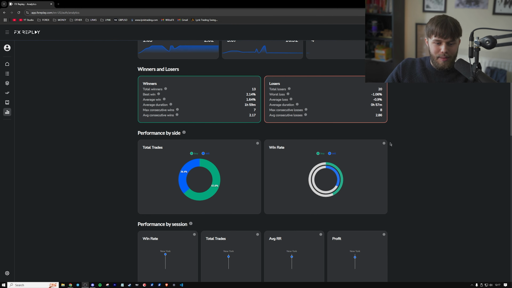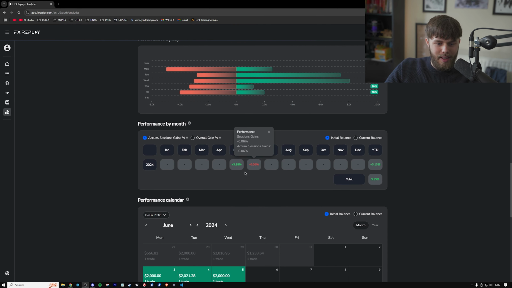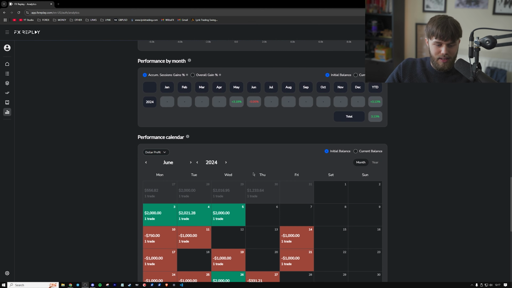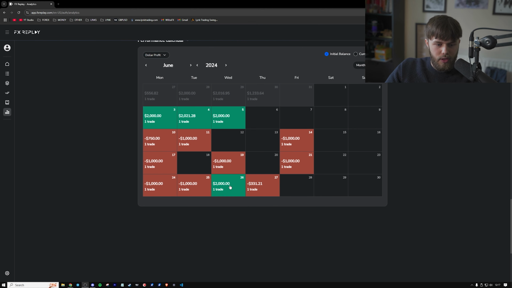So basically a break-even month. As you see here, 0.06. And if we see the month here, you can see that we started well. We had 3 winning trades, which is 6%. Had all these losing trades and one more winner. But if you noticed, all these losing trades, but we're break even. And that is the power of risk to reward.